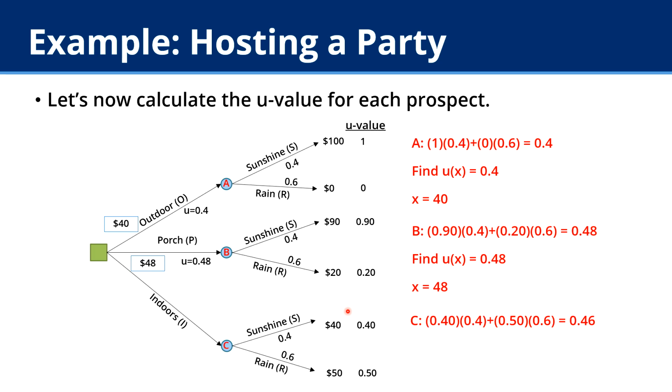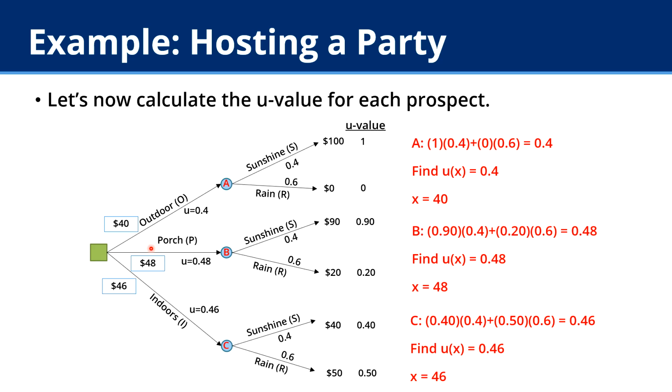We repeat for node C. It's going to be the expected utility value 0.4 times 0.4 plus 0.5 times 0.6. The utility value here is going to be 0.46. We find the equivalent monetary value using the U curve, which is just going to be $46.